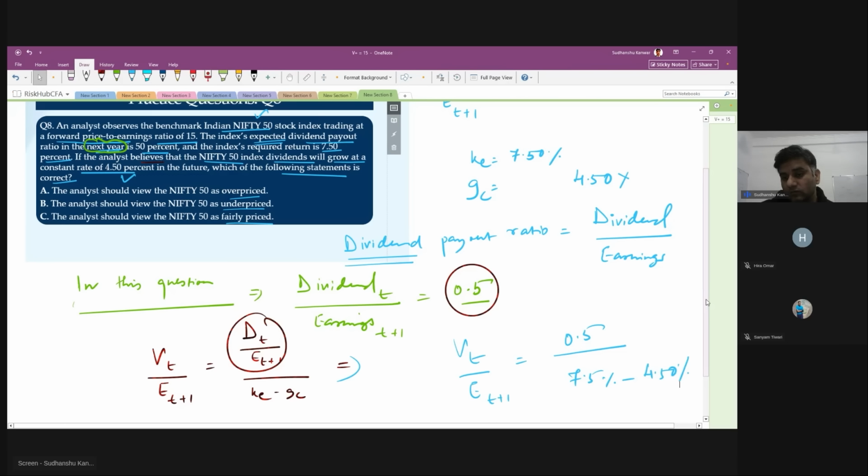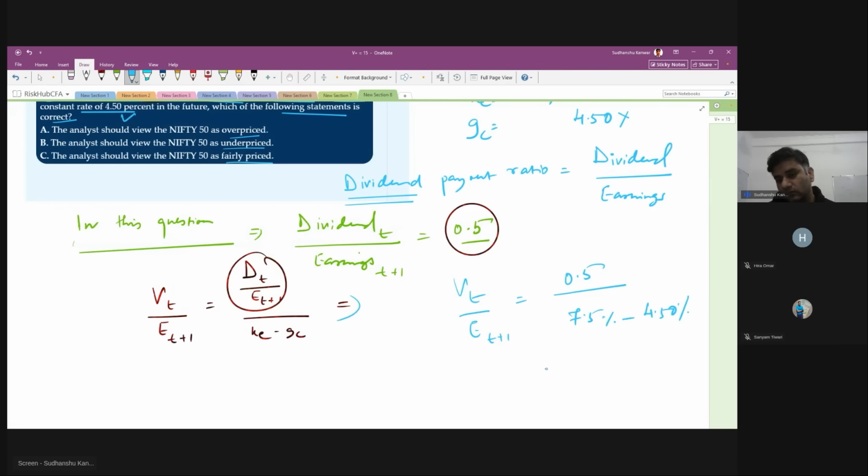Then if you solve this part, 0.5 divided by 7.5 minus 4.5, the answer comes as 16.67. So the answer you got is 16.67.